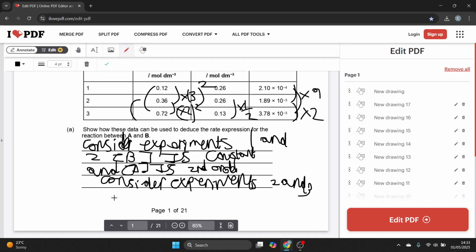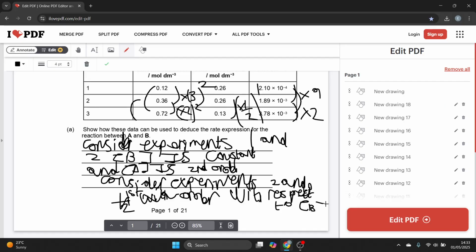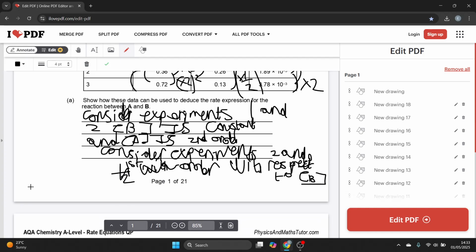And therefore it's a half, the order is a half with, oh sorry, first order with respect to B, because you times that by half, you get 2, so it's just first order with respect to B. So the rate expression is rate equals k, concentration of A, which we decided is second order, times the concentration of B, which is obviously first order, but you can leave it like that.